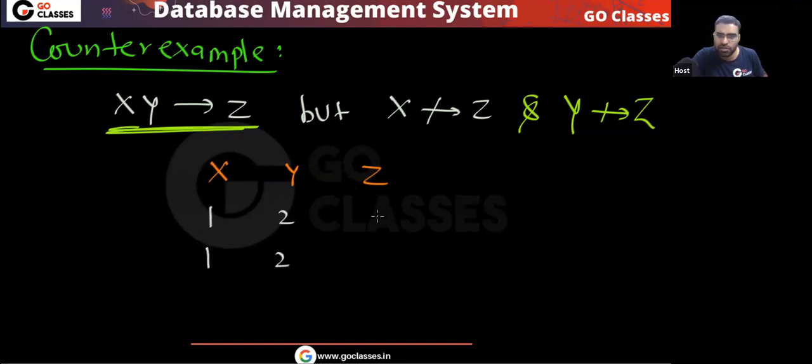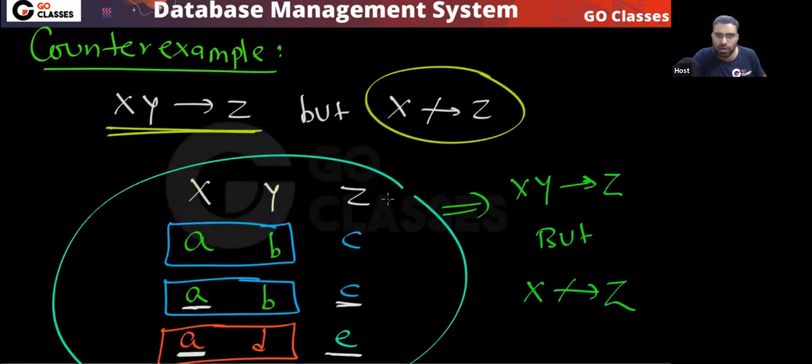If this combination is same, there can be more tuples. Also, there can be more attributes, for example X, Y, Z, W, something like this.